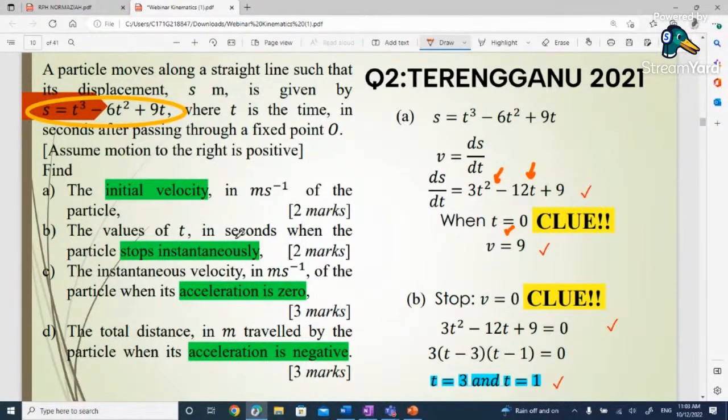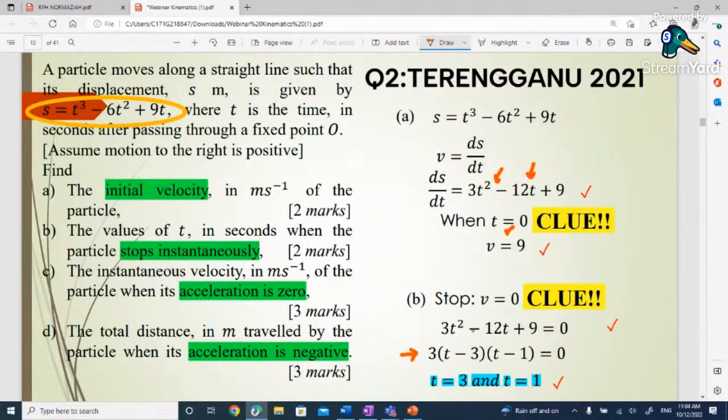Calculator akan terus bagi jawapan. But what is important now is, ialah 3 ni kena ada juga. Because whatever that you expand, kena dapat balik the previous line.